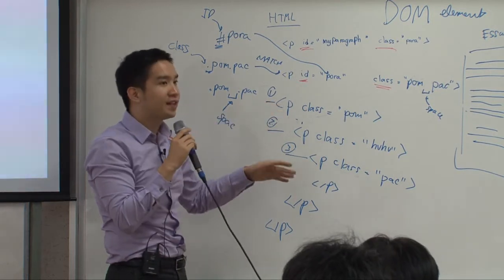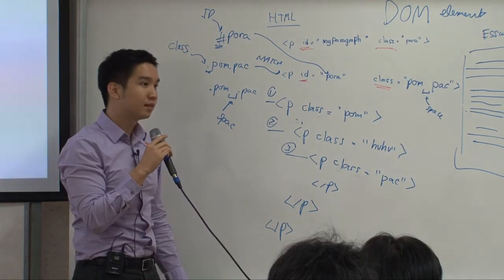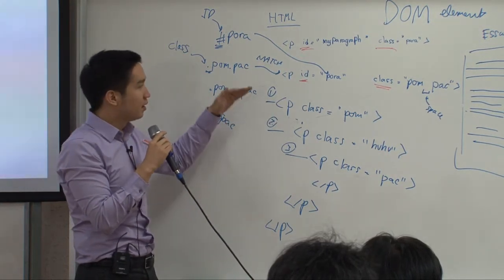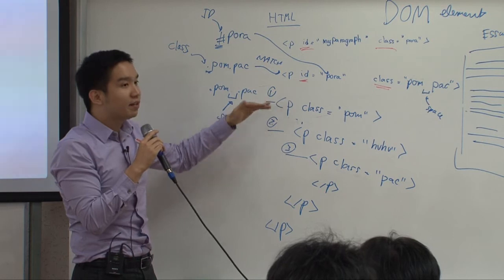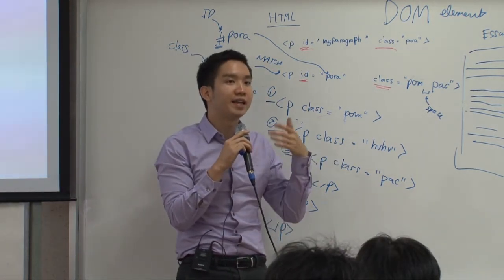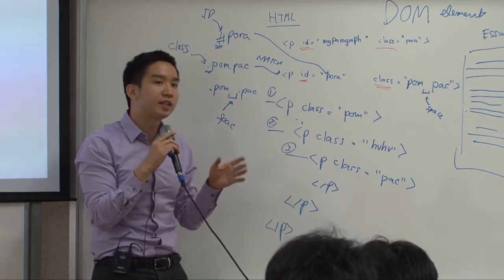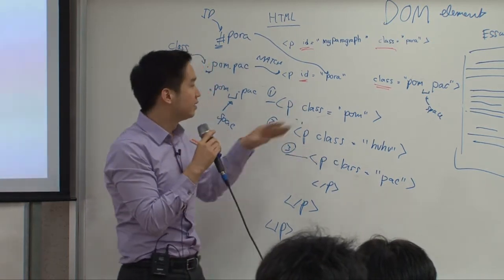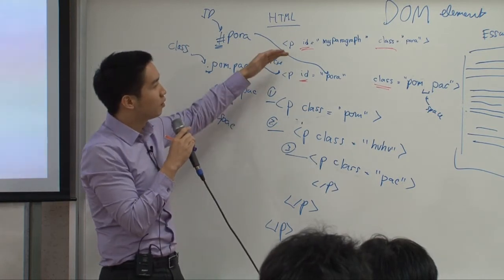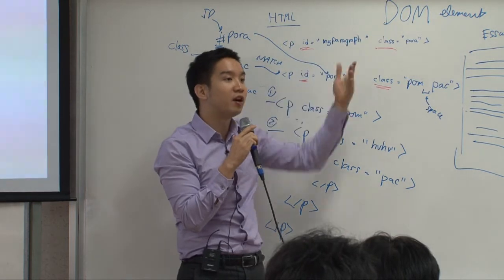How many paragraph tags are there on this page? Just here. 3. Each tag represents a DOM element. They're analogous. When I say we have 3 tags or we have 3 DOM elements, essentially they're all referring to the same thing. So now I hope that you know what I refer to when I talk about DOM elements.